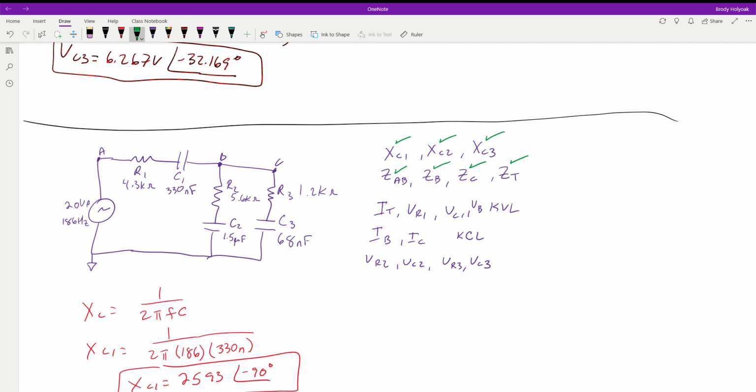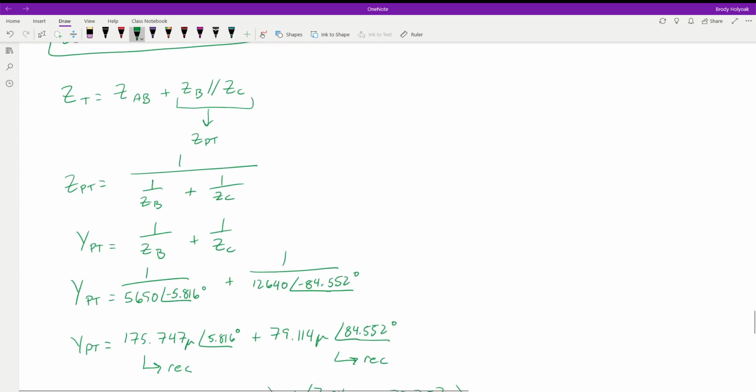So now we're on to our I total, and then the voltage drops across R1, C1, and then from VB to ground, and then we'll do our Kirchhoff voltage loop next.